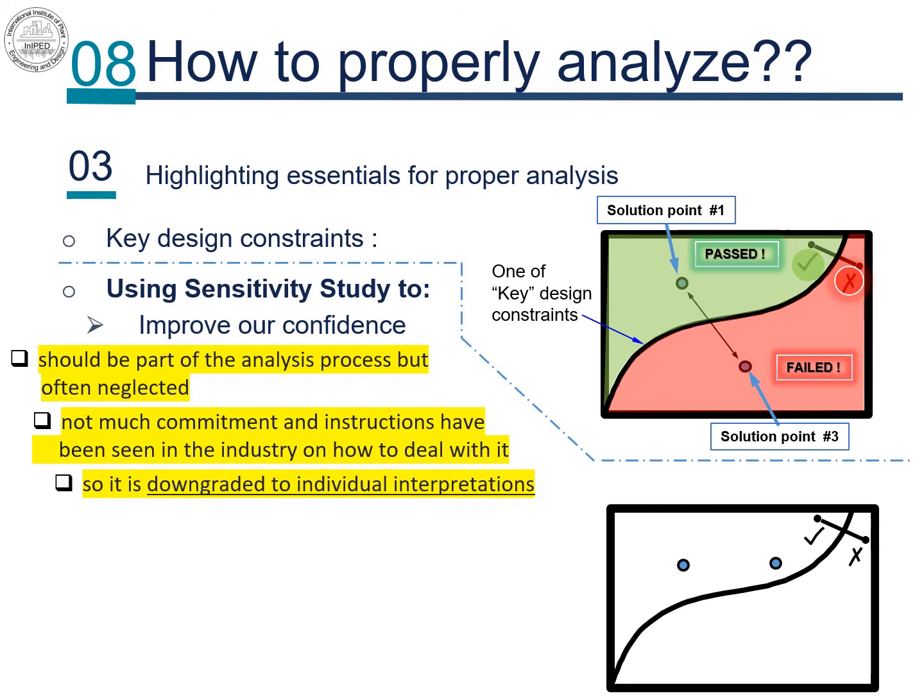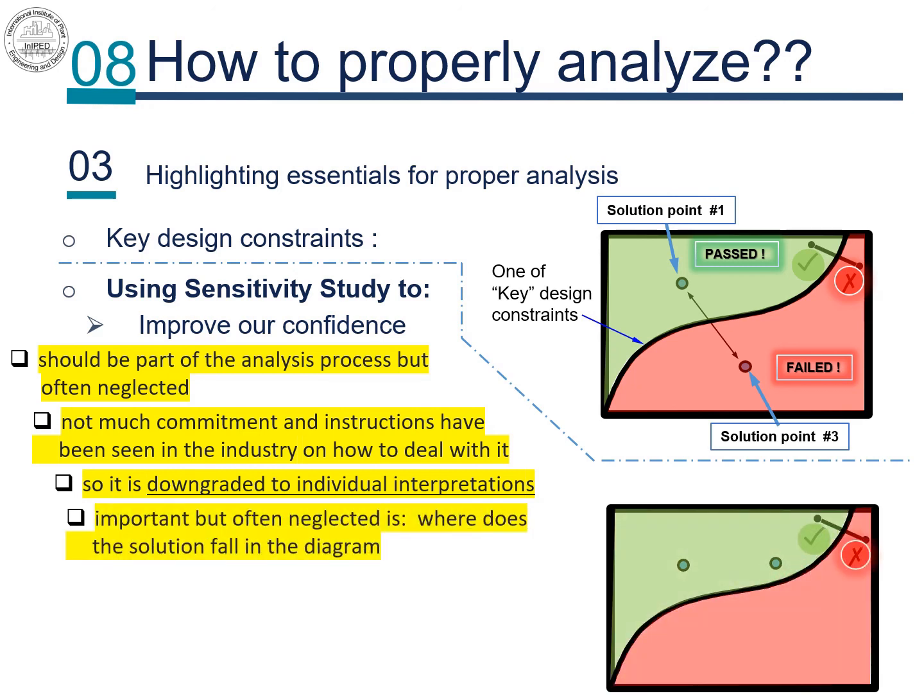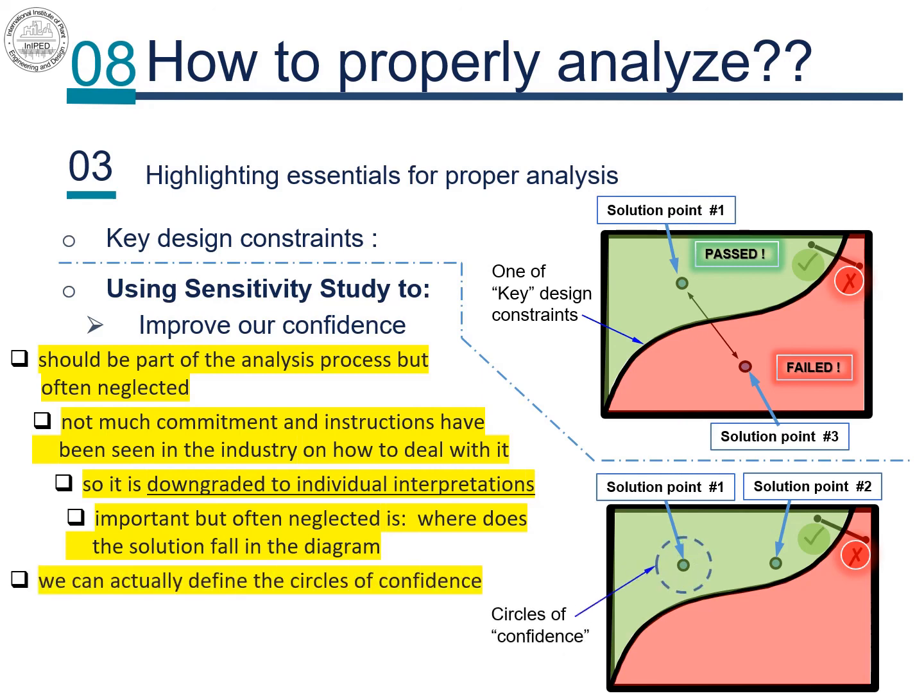If we focus our attention on the solutions that are in the passed region, one important but often neglected aspect of the design solution is where the solution falls in the diagram, and based on that, what confidence we can have in it. To answer that, by doing sensitivity studies, we can actually define the circles of confidence. As can be seen, the circle of confidence for solution point number 1 is much bigger than for solution point number 2.